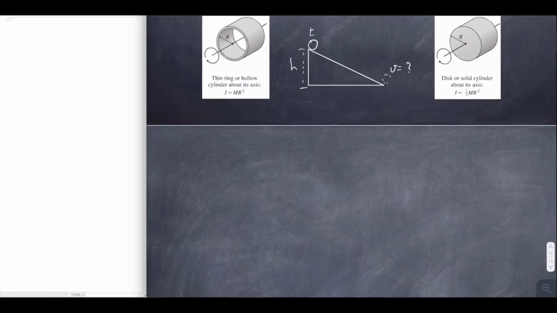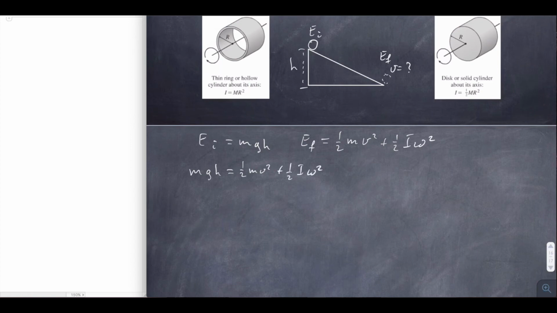So we'll have our initial energy state here and our final energy state there. E initial is mgh, E final is 1/2 mv squared plus 1/2 I omega squared. So we get mgh equals 1/2 mv squared plus 1/2 I omega squared.